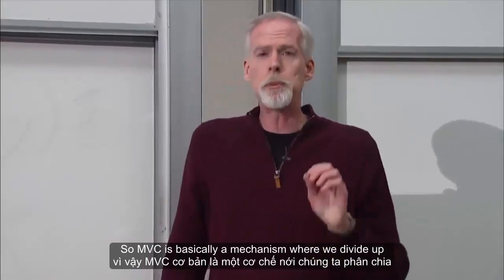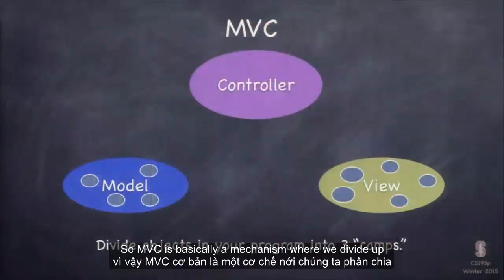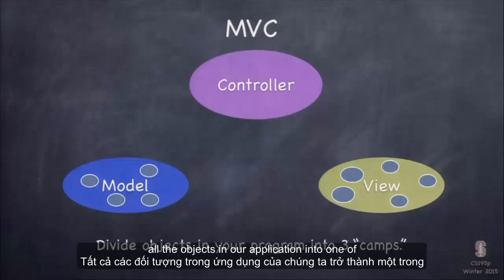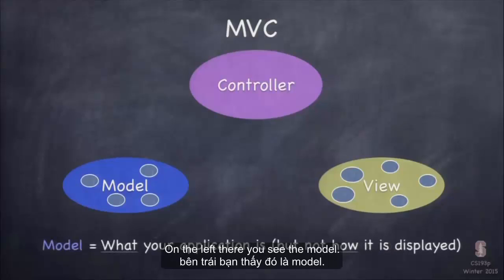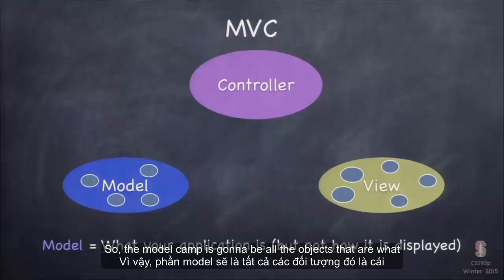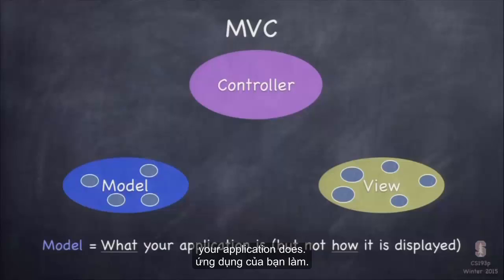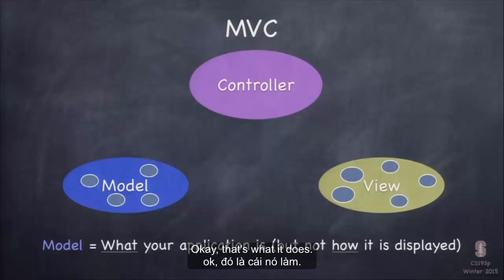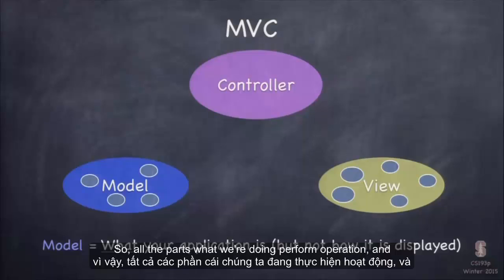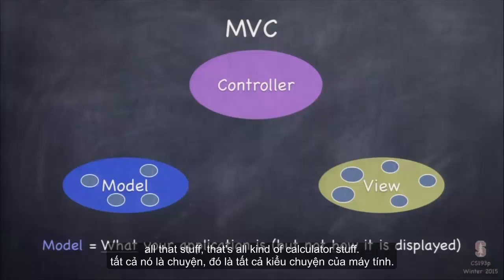So MVC is basically a mechanism where we divide up all the objects in our application into one of these 3 camps. On the left there you see the model. The model camp is all the objects that are what your application does. So for our calculator, it calculates. That's what it does. All the parts where we're doing perform operation and all that stuff, that's all calculator stuff.